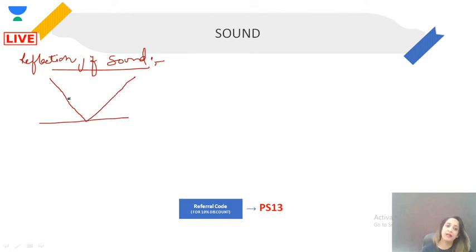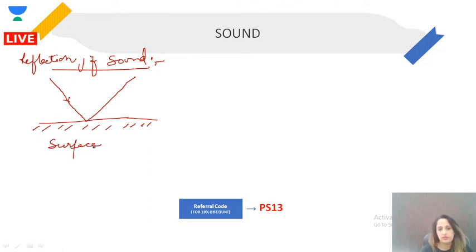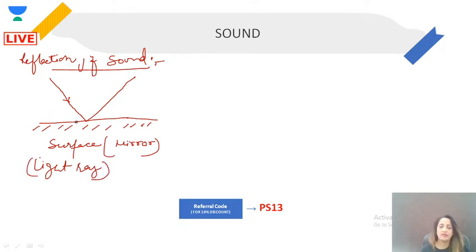when we have light, this is the incident ray. Let's say this is the surface. It could be a mirror. Let's say this is a mirror, right? When the light ray hits a surface, a polished surface, a mirror surface, it gets reflected.